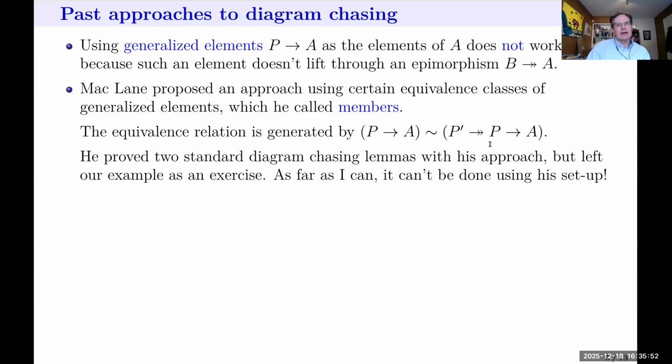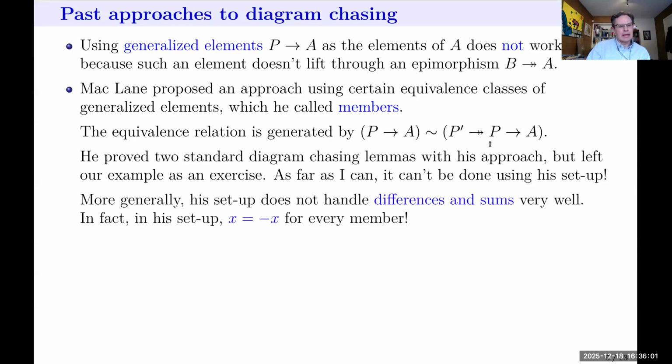And MacLean has a way to sort of subtract elements in a very special situation, but no way to add elements. And in fact, in his setup, every element is equal to its negative. So it's really an awkward place to do anything with an abelian group structure.